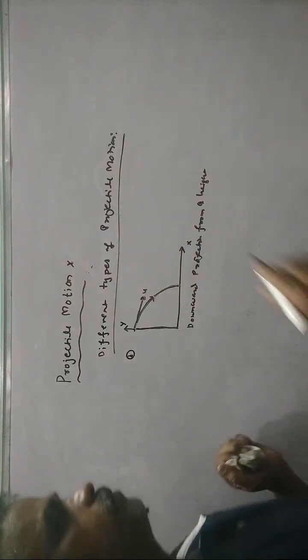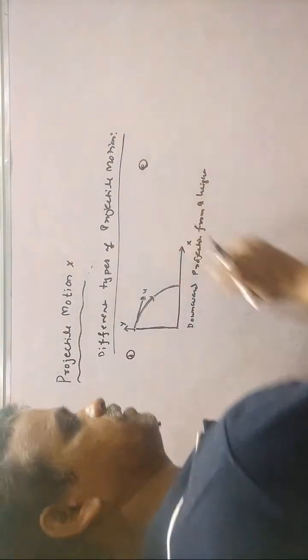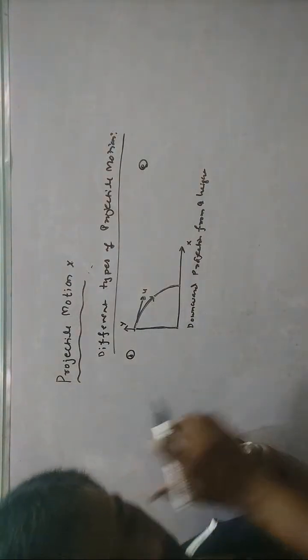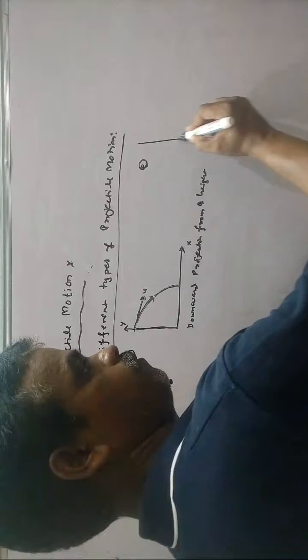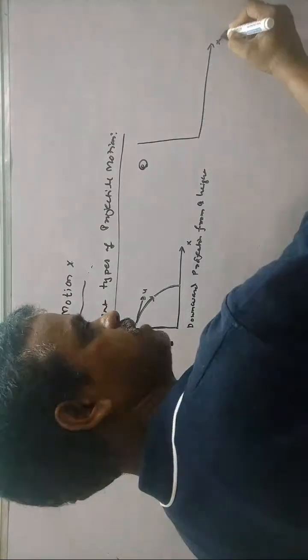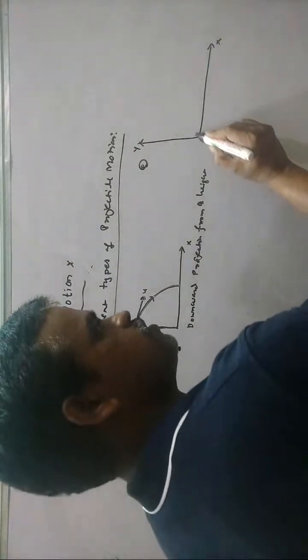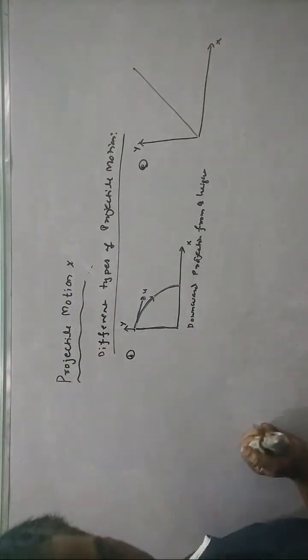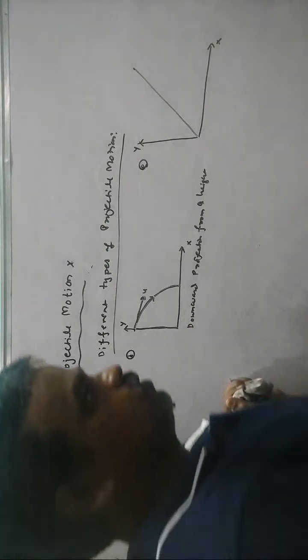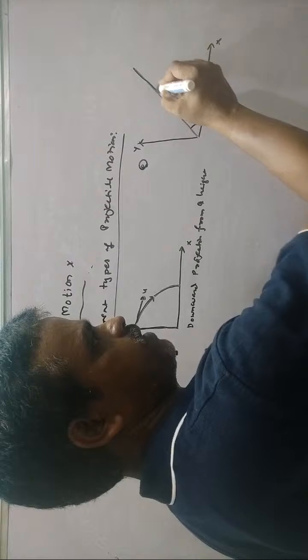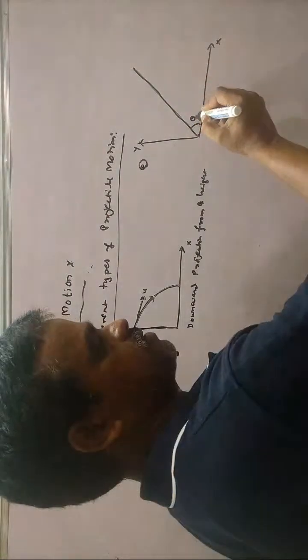One more, just copy these types. See, this is the x-axis, this will be the y-axis. This is the plane. What is that plane? It is an inclined plane. This plane makes angle theta with the horizontal.